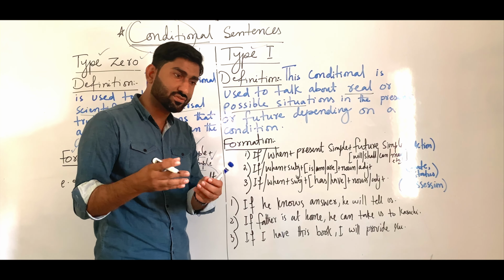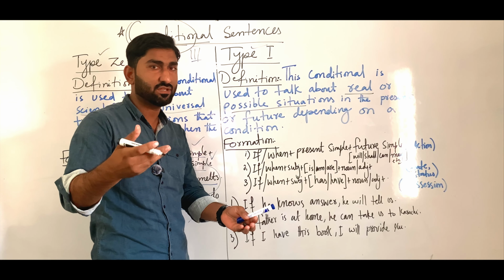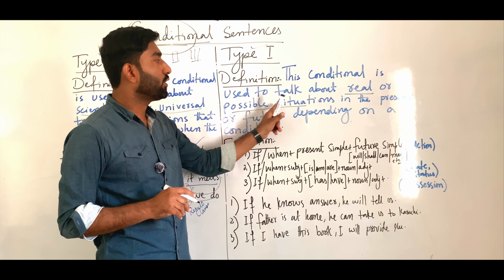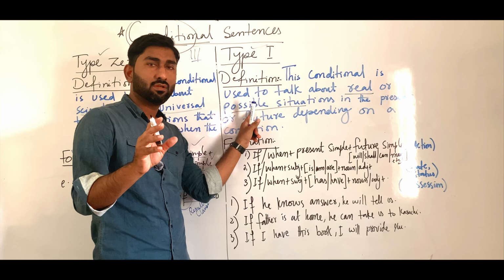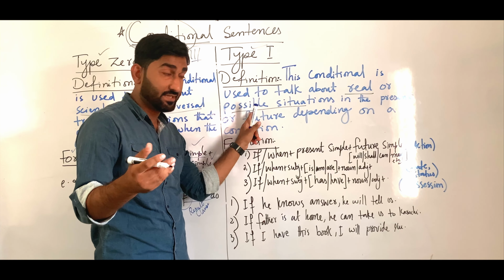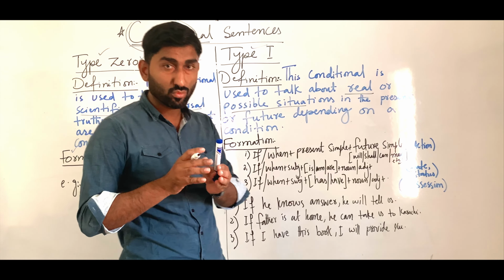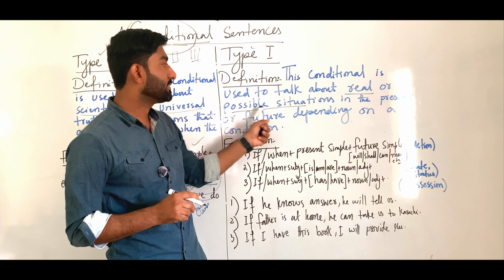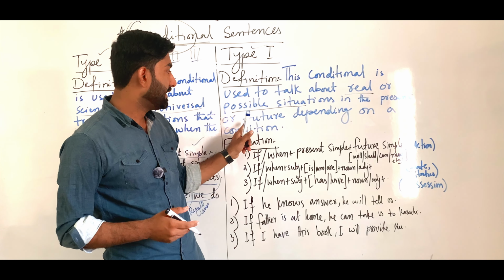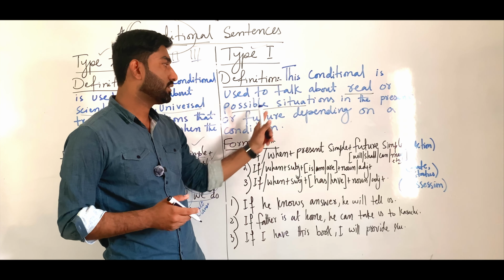It is real because it is likely to happen, it is likely to occur, but it is also at the same time can be real and also possible. यानी ऐसी situation जो मुमकिन है, जो possible है, if the condition is fulfilled, अगर आप उस condition को यानी शर्त को पूरा करते हैं तो possible है, ज़्यादा chances हैं कि you get the possible result, and it also depends on the condition and it can be in the present or in the future.